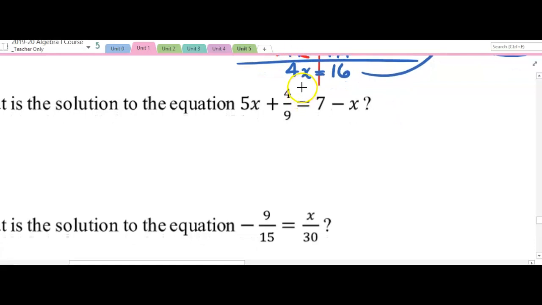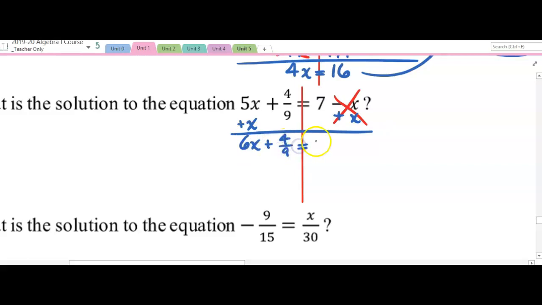Starting by drawing a line down the center of my equation again. And again, I like to get my letters on the left, so I'm going to start by adding x to both sides, because adding x cancels out with the subtract x that was already there. When I add x, I get 6x plus 4/9 equals 7.